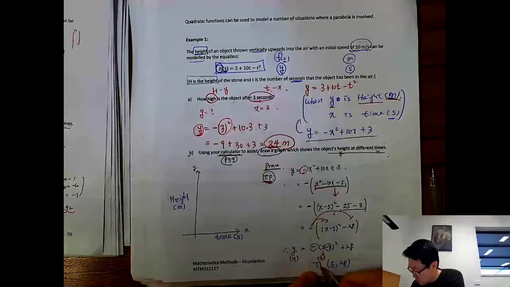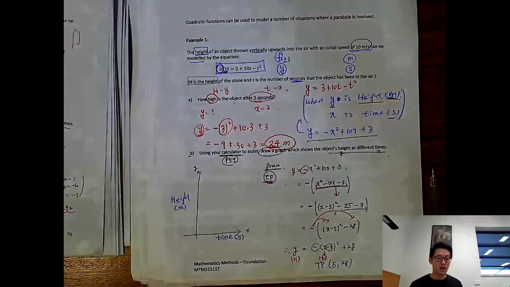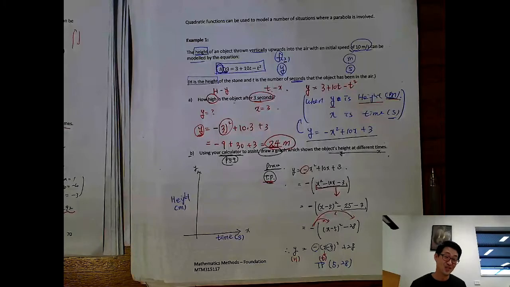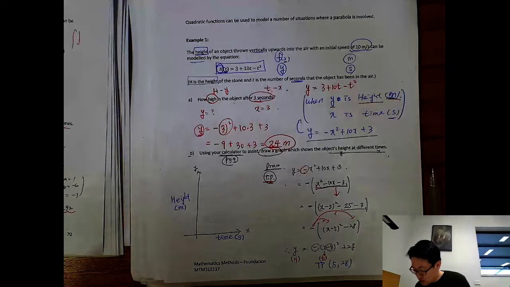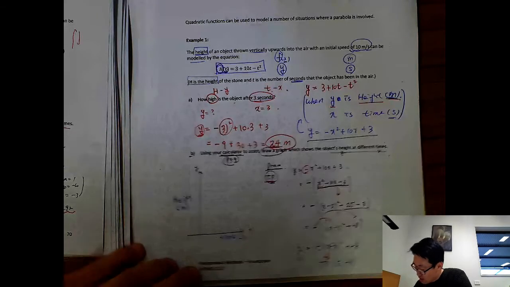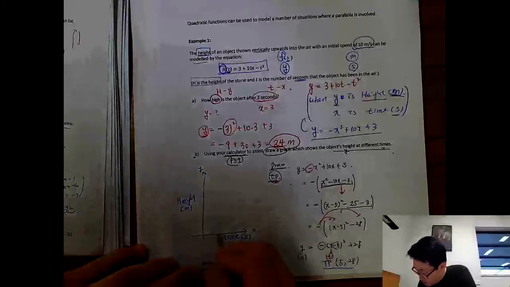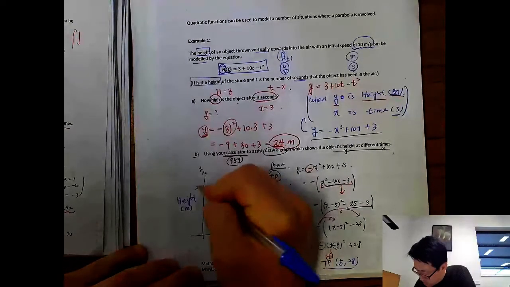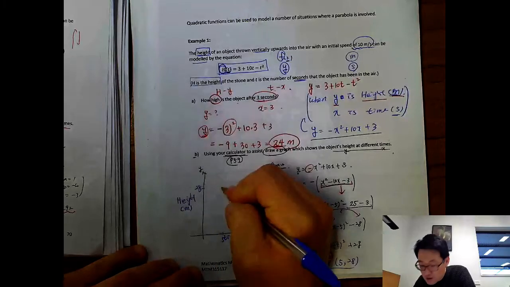So turning point is 5 and 28. Did you get 5 and 28? Good. If you didn't get it, make sure you try this again. You must know how to do it. Okay? So I got the turning point, 5 and 28 here.